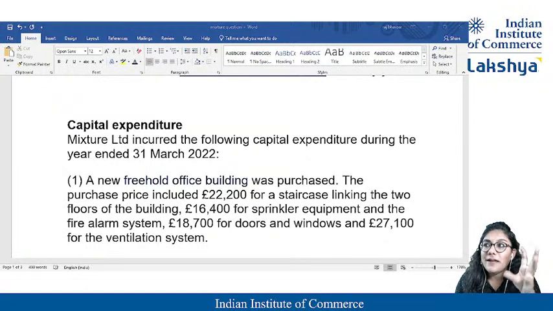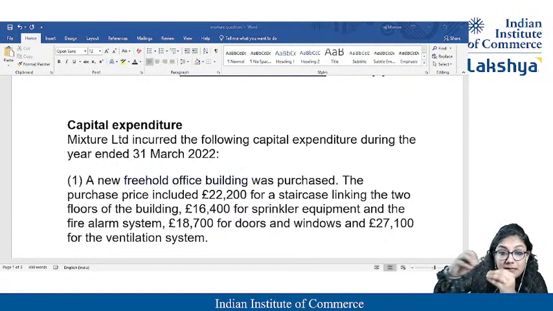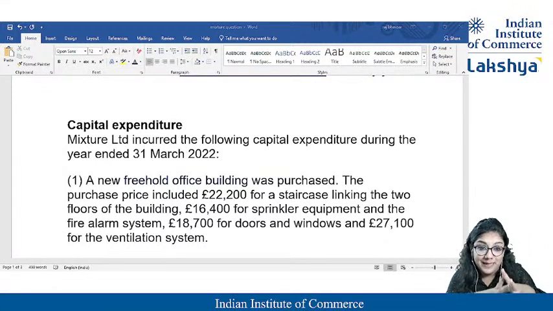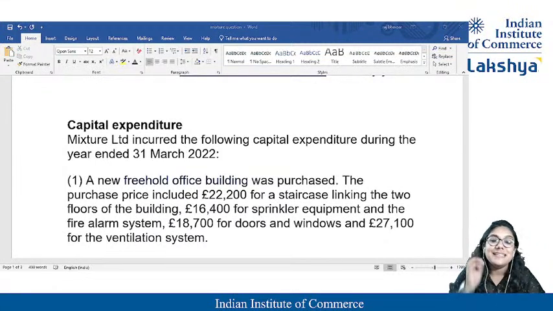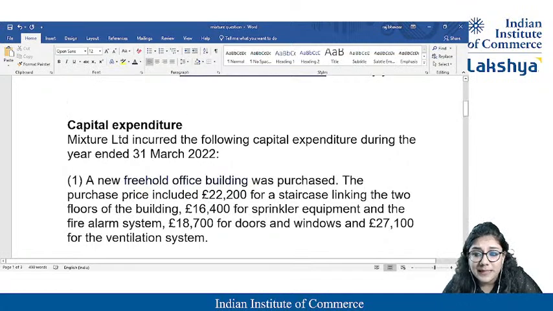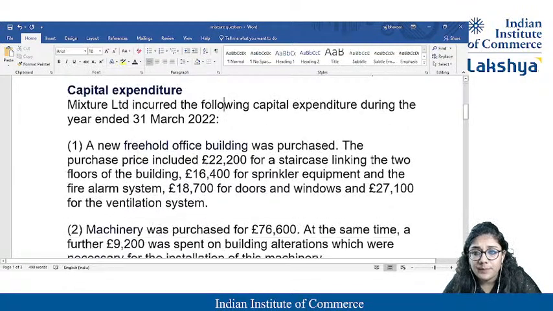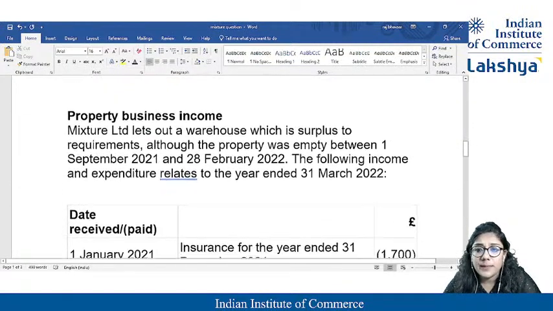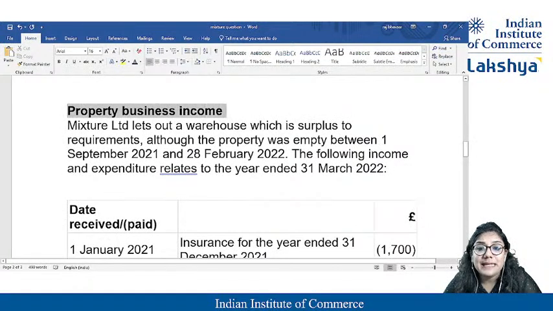So we have to think from the builder's perspective, guys. If it is a part of the building, then it will be known as building, otherwise not. There could be a question related to capital expenditure also. Then students, there could be a question for property income business.